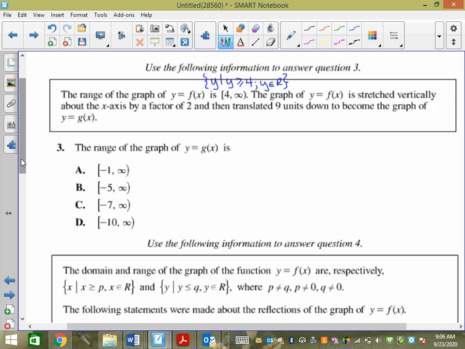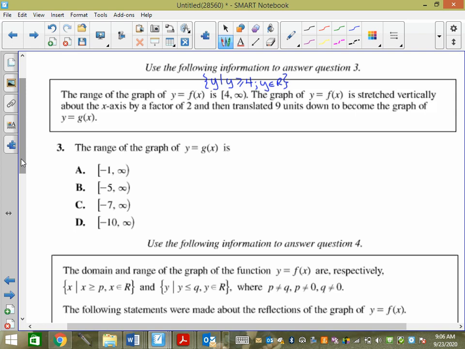So, the graph of y equals f of x is stretched vertically about the x-axis by a factor of 2 and translated 9 units down. Now, my inequality sign will not flip because what did not happen? I didn't have a reflection.